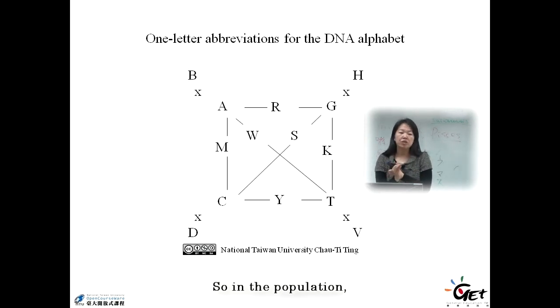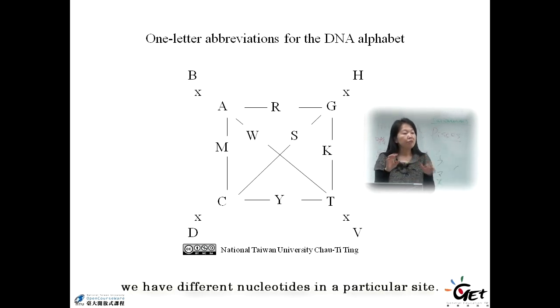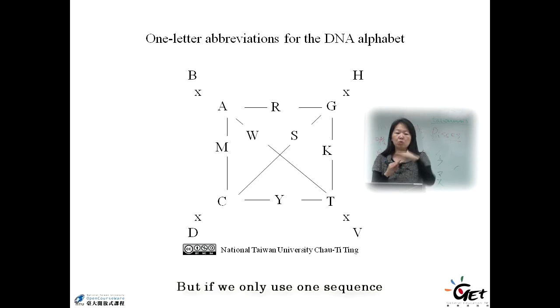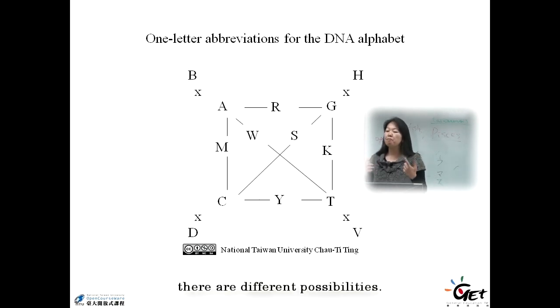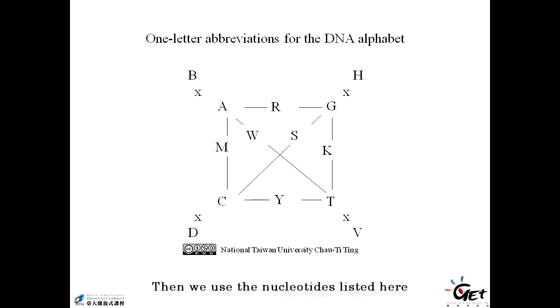In the population, we have different nucleotides at a particular site, but if we only use one sequence to represent the population, then we have ambiguity, with different possibilities.